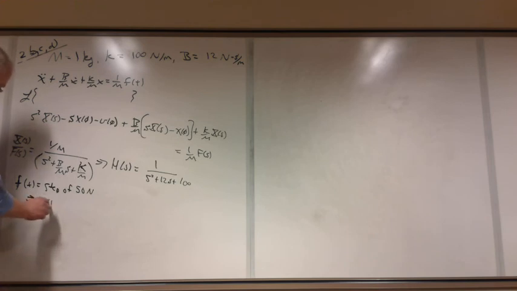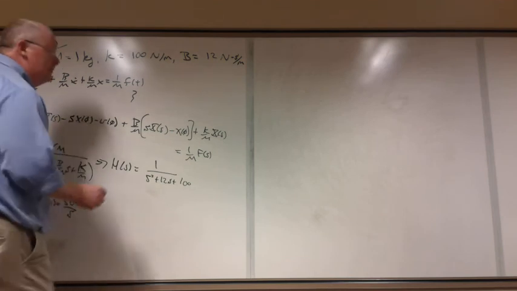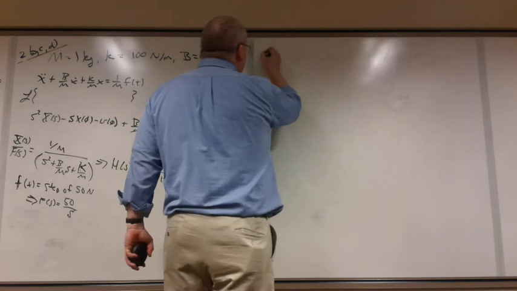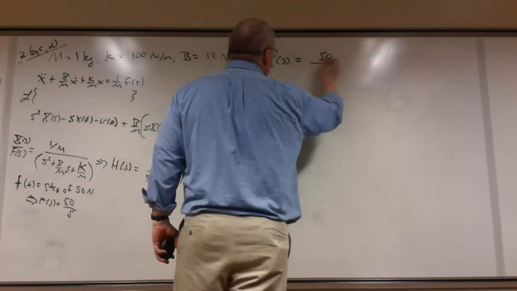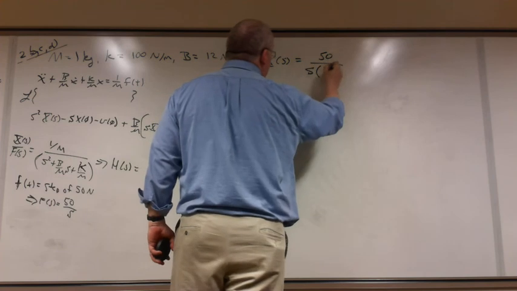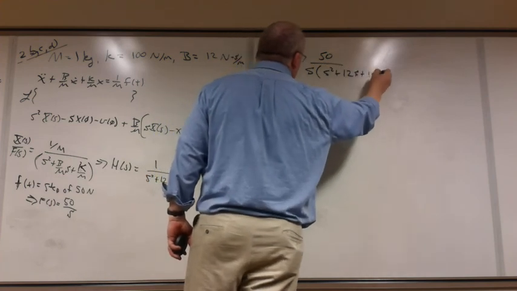Therefore, F of s is equal to 50 over s. We double check and see. Yep, step input with a magnitude of 50, assuming zero initial conditions. So, may as well write it up here again. X of s is going to be equal to 50 over s times s squared plus 12s plus 100.